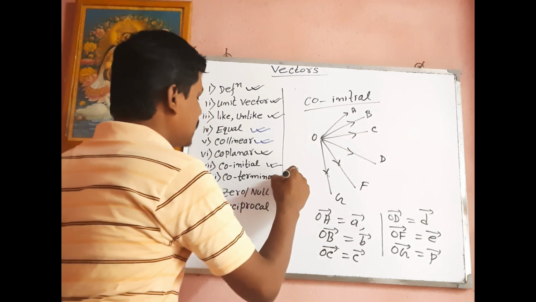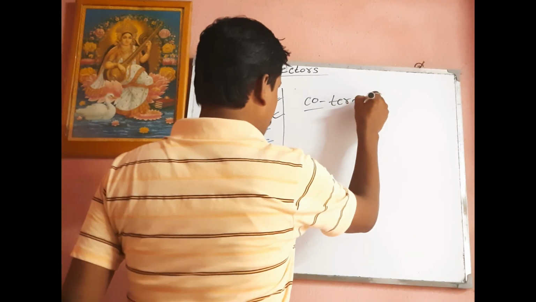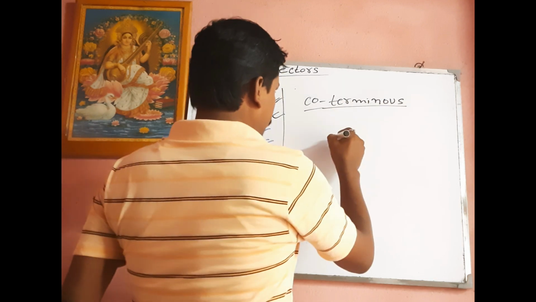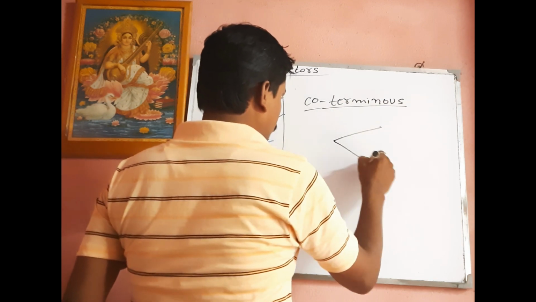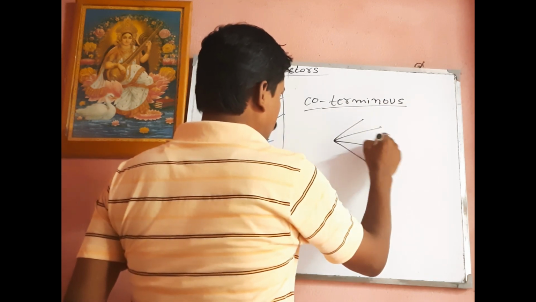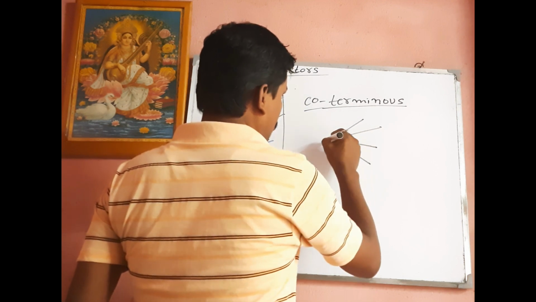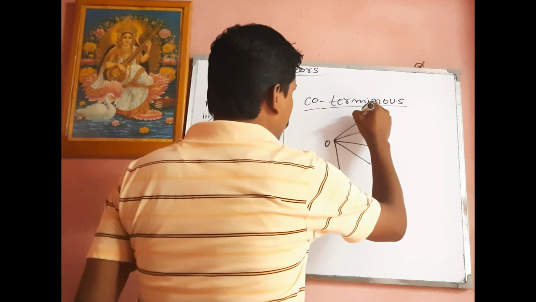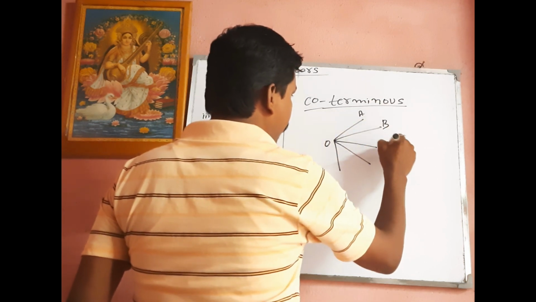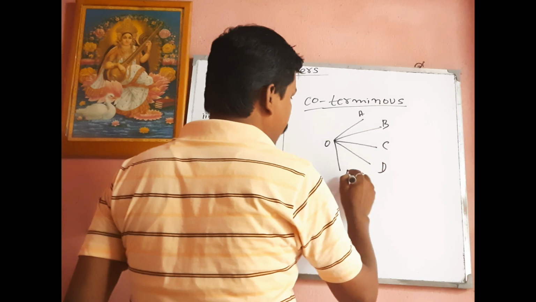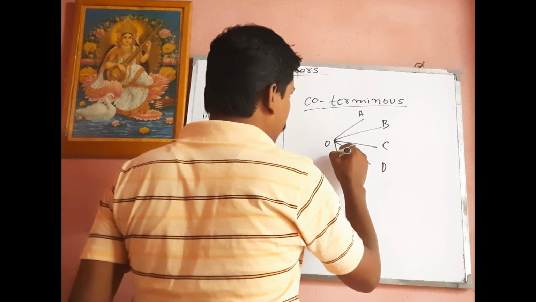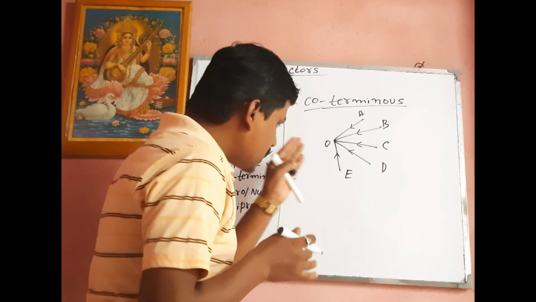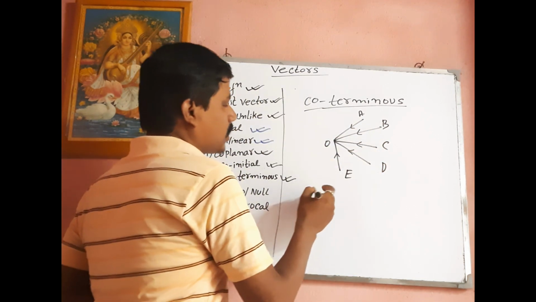Now we are discussing the coterminous part. This is an example of coterminous vectors.